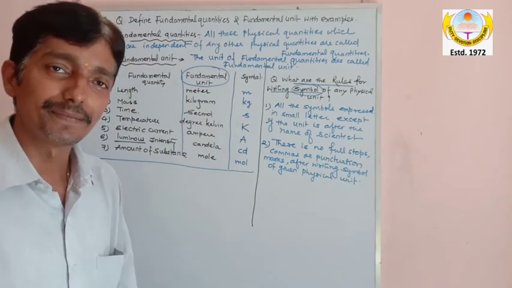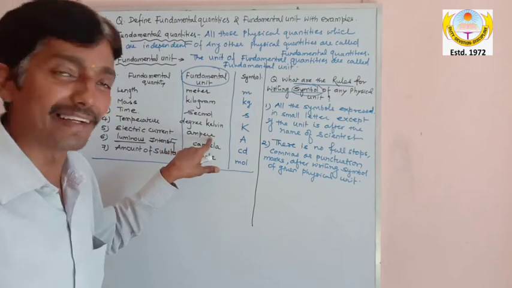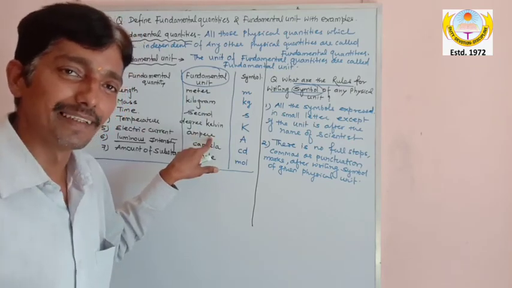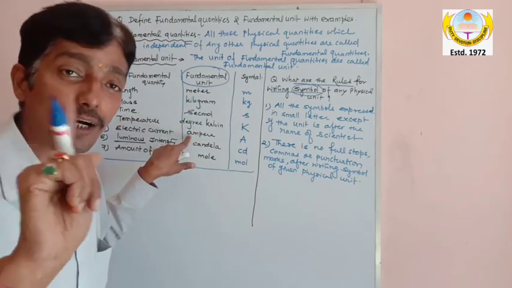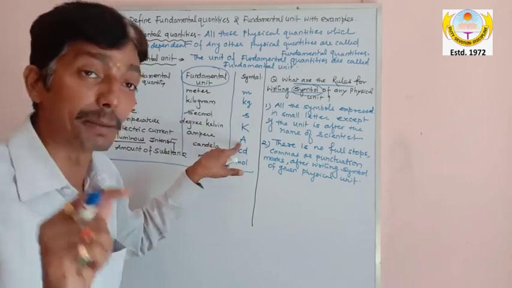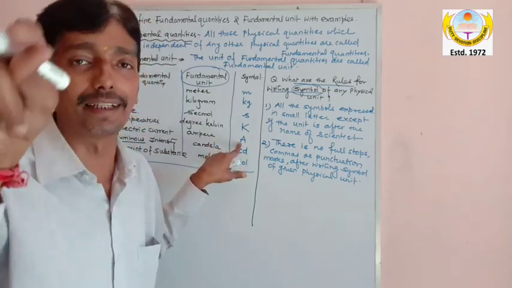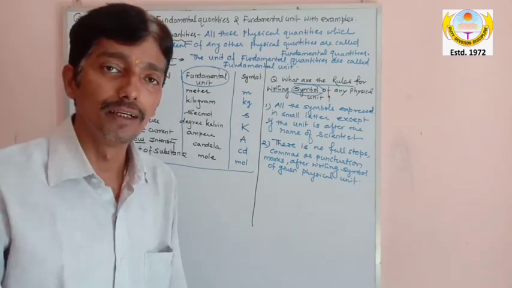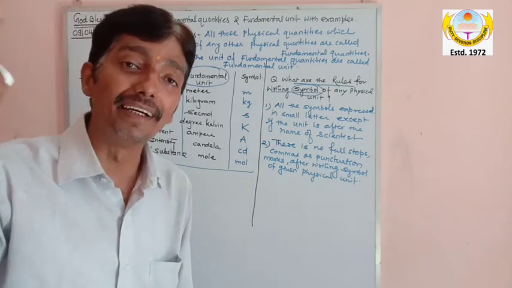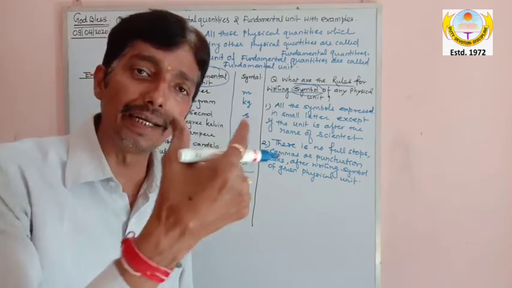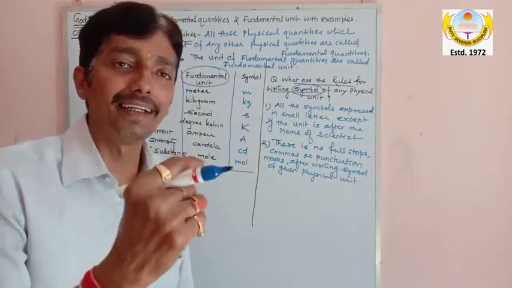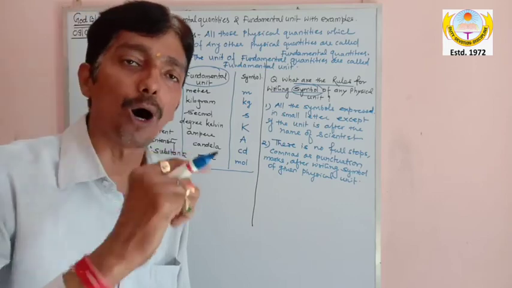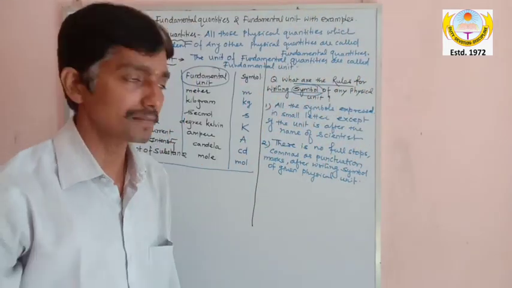Entire ampere is written in small letters. Even the first A is not capital, but while writing in symbolic form, we write capital A, capital K, capital J for joule, capital N for Newton. But when I write the complete newton, I write n-e-w-t-o-n, all letters small.